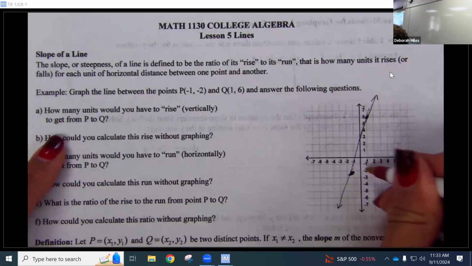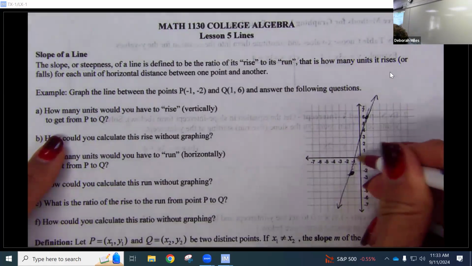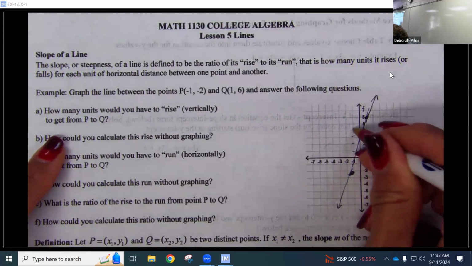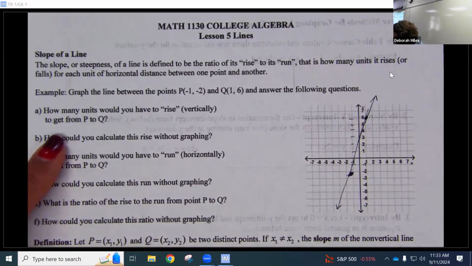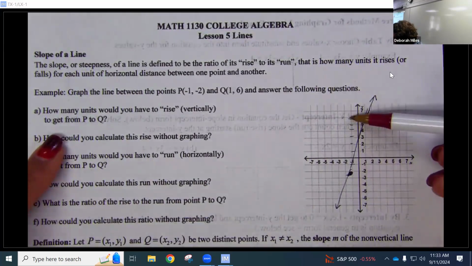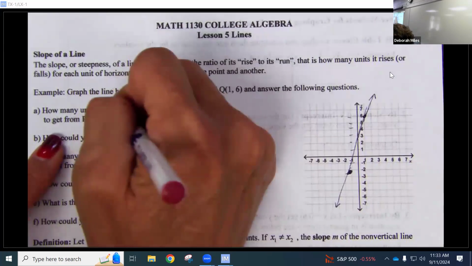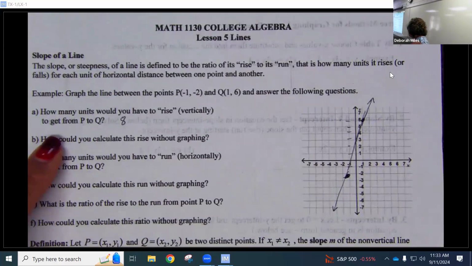You could just count them. You could say 1, 2, 3, 4, 5, 6, 7, 8. We went up 8 units to get from the height of this point to the height of that point. So the rise from P to Q is 8.